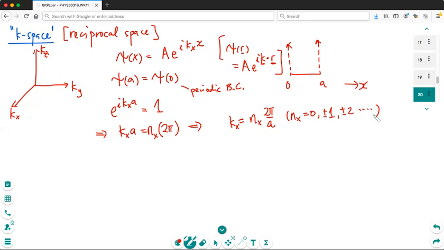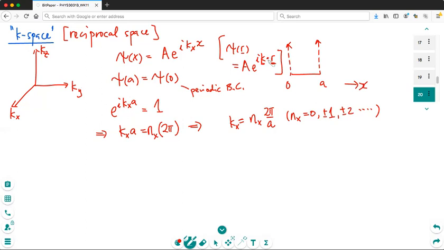And I hope this minus solution should not make you too uncomfortable, because now I have traveling wave solution. In principle, I need to be able to have a mechanism to discuss the wave which is traveling along the opposite direction, and that is provided by the minus integers.